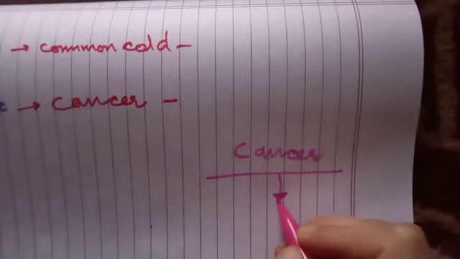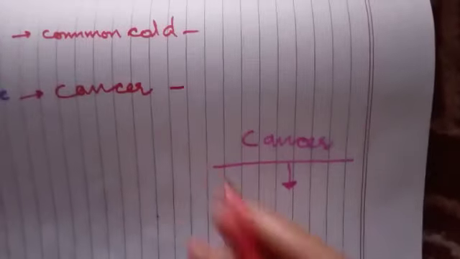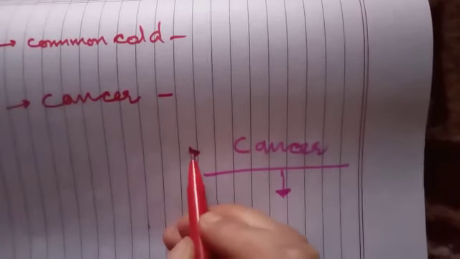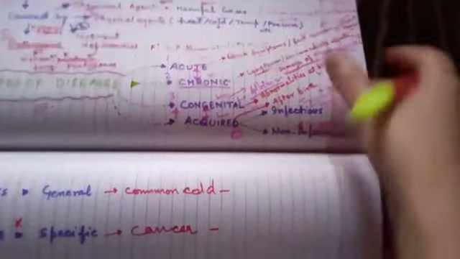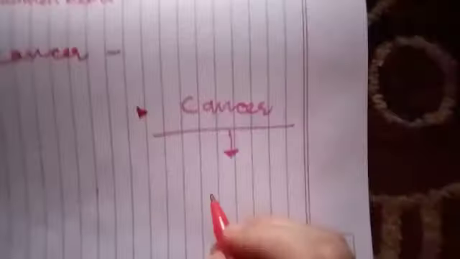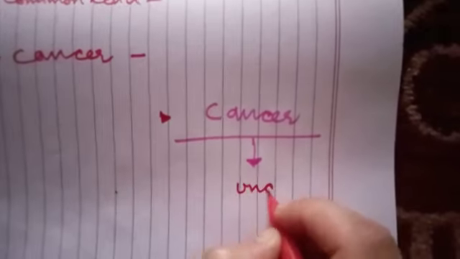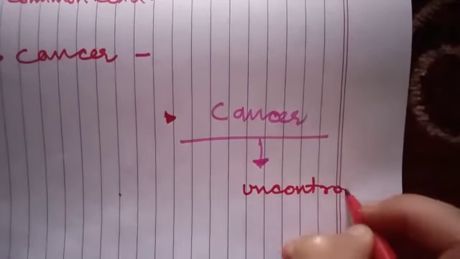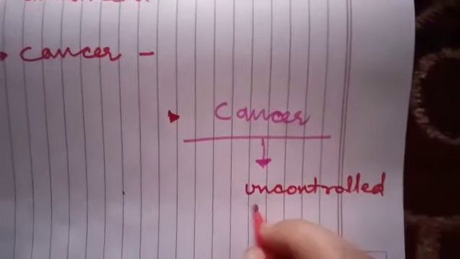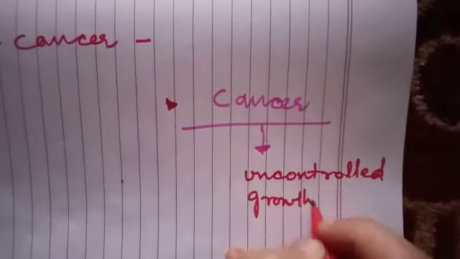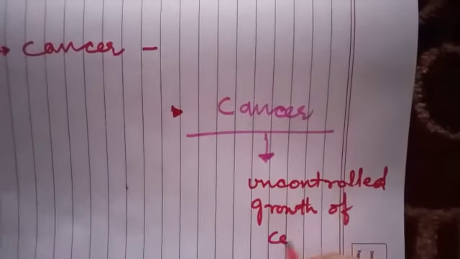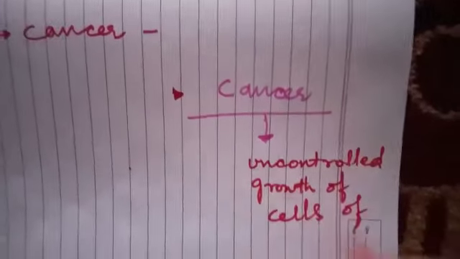I will shortly explain this. We will take it up in the next lecture actually, but the example of cancer came a few times here. So let me remind you that cancer is the uncontrolled growth of cells of a tissue.